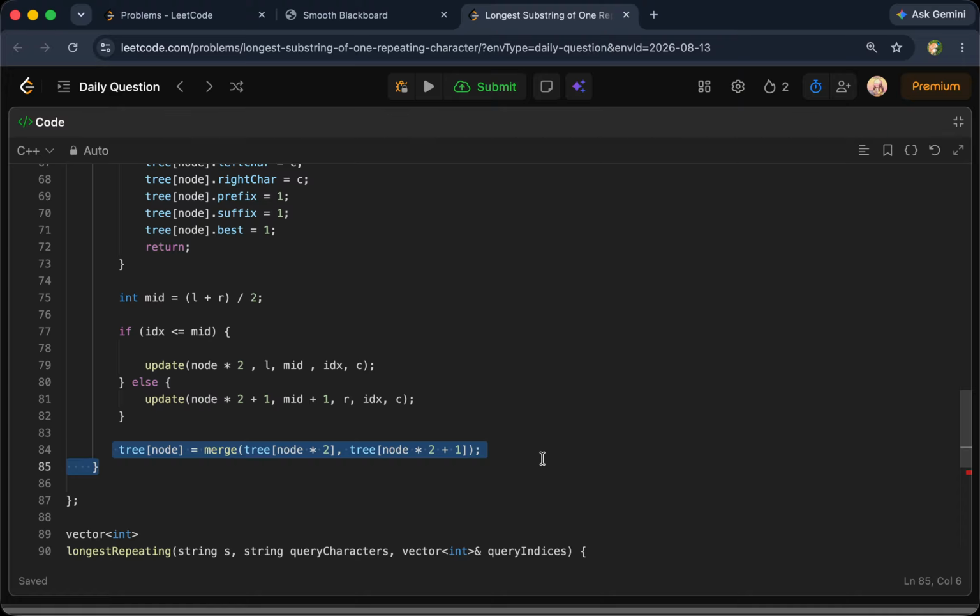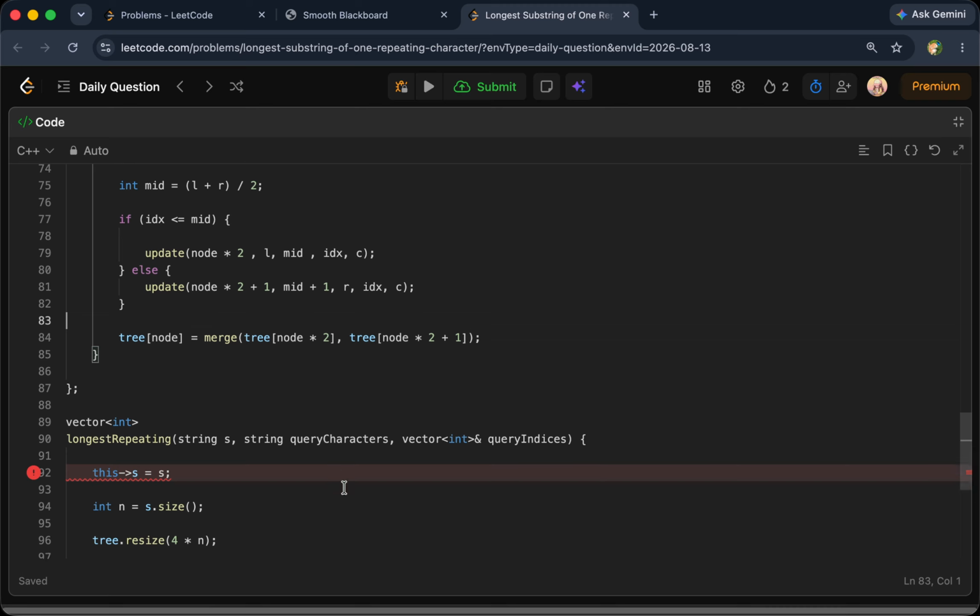This continues all the way to root. So this is a complete function. Remember this query: which index, go down the tree, find the index, change the characters, come back upward and merge. Then root is updated. The root contains tree of 1 dot best, which gives us the current longest repeating substring length.